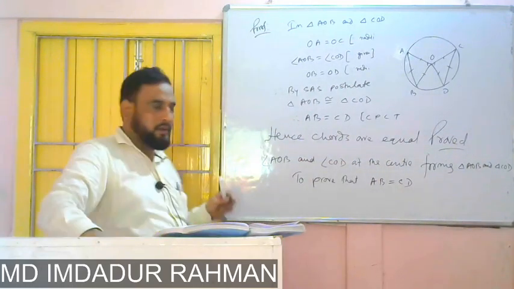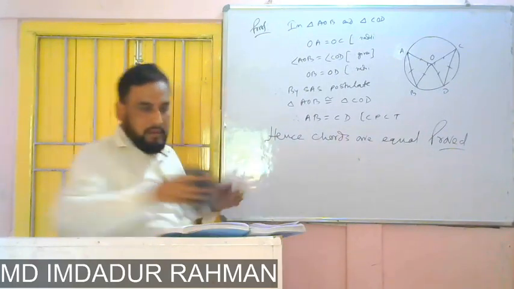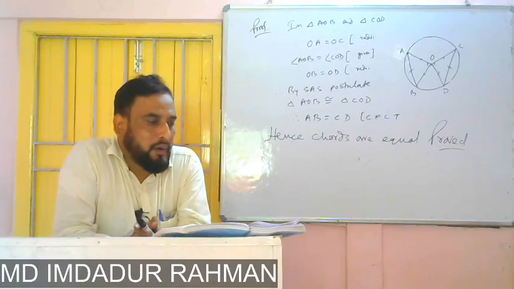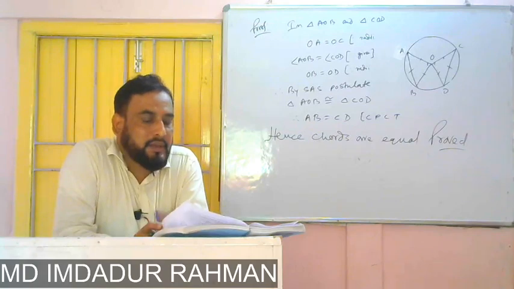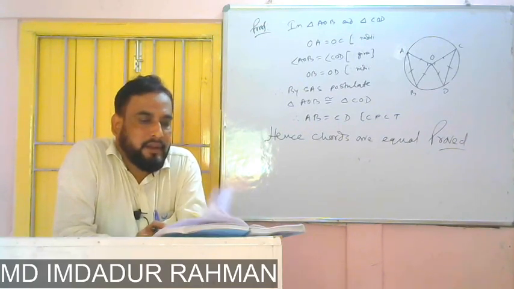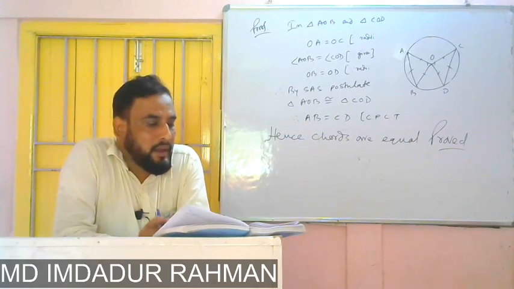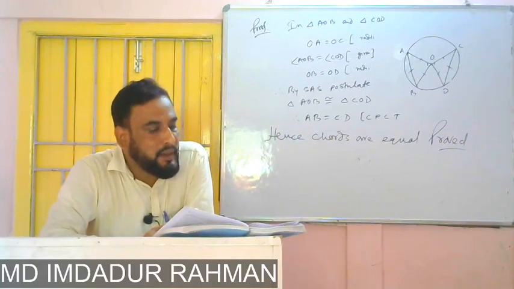This is about theorem 10.2. So in today's class we have discussed theorem 10.1 and 10.2 along with the parts of the circle. Now exercise 10.2: recall that two circles are congruent if they have the same radii.